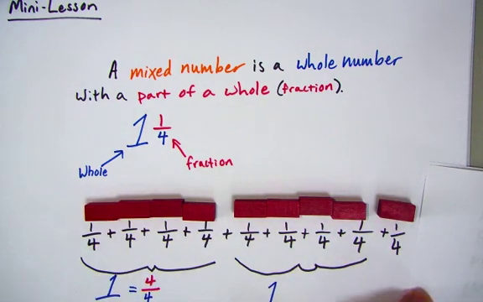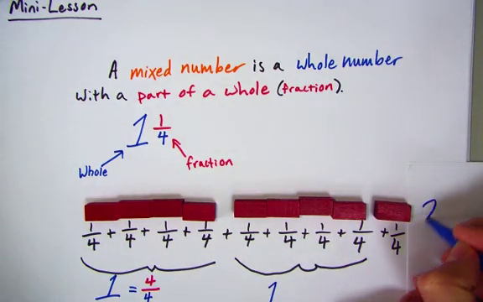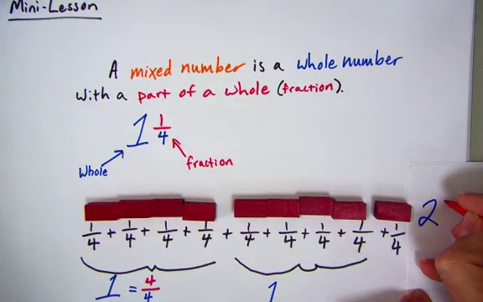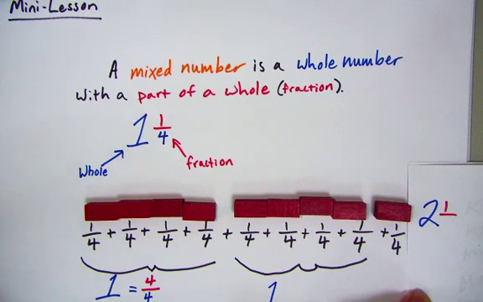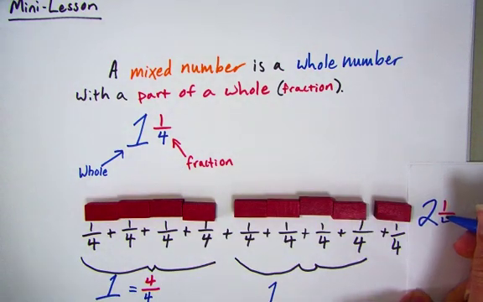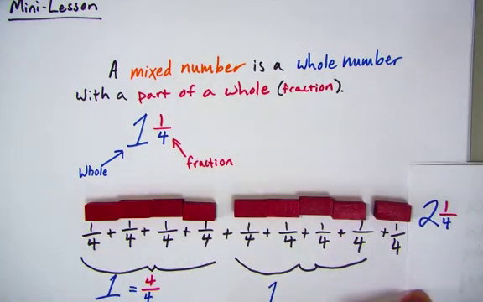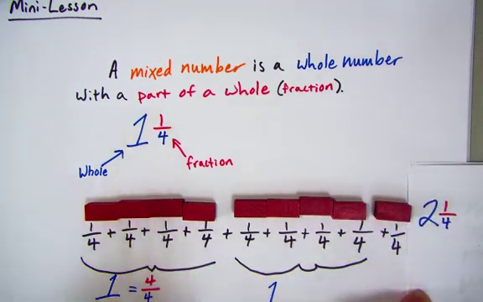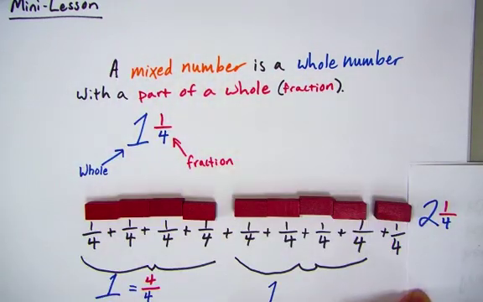So, let's go ahead and write the mixed number, which is, let me see if you can see it. Okay, 2 and 1/4. Did you get that correct? Hopefully you did. If you did, you are understanding how to write mixed numbers.